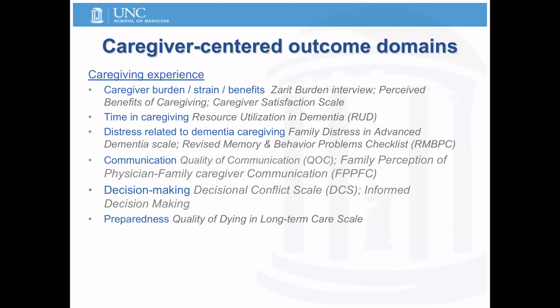And so there's actually an individual measure available for physician communication specifically. Decision-making is critical, particularly in the later stages of disease when the caregiver also functions as a surrogate decision maker. And then preparedness is another domain for caregiver-centered outcomes as caregivers prepare for their caregiving role.